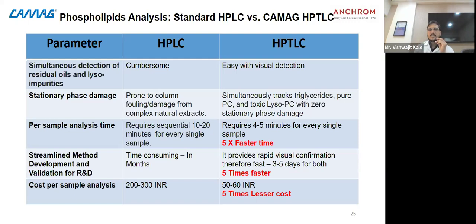Generally for HPLC, it will take several months to develop a method and validate. But in HPTLC, we can develop a method and do validation as per ICH-Q2 or the latest guideline in 3 to 5 days. So it is 5 times faster. Cost per sample reduces if you use HPTLC, 50 to 60 per sample only. So it is 5 times lesser cost than traditional HPLC.